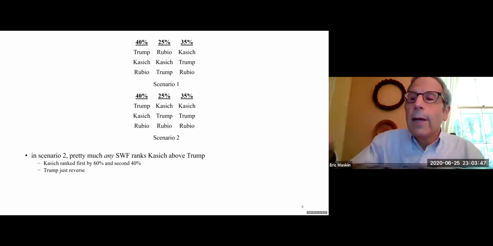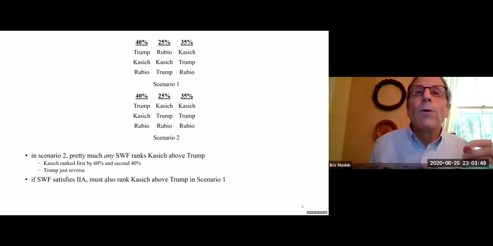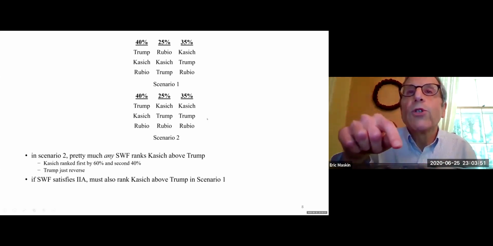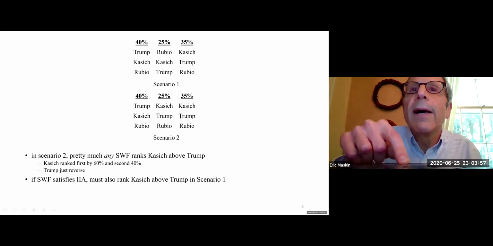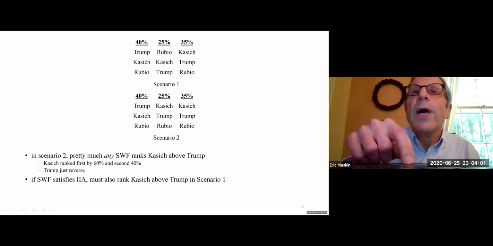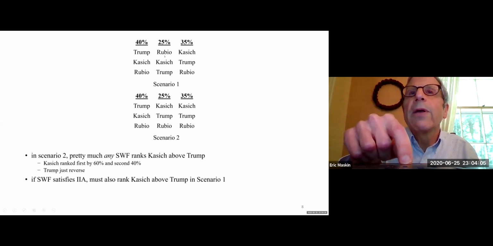But if we impose IIA on our social welfare function, then we have to put Kasich above Trump in scenario 1, because the ranking between Kasich and Trump has not changed when we go from scenario 2 to scenario 1.